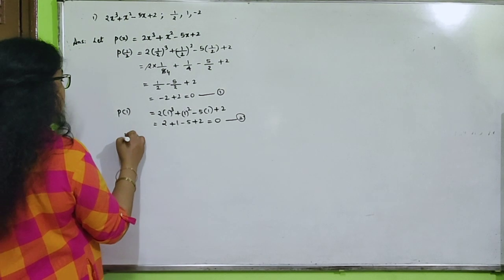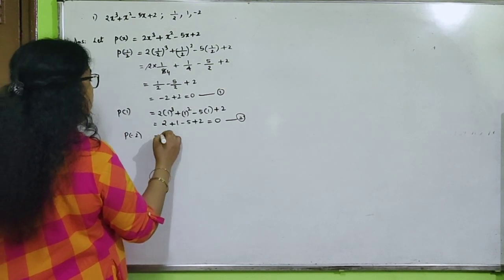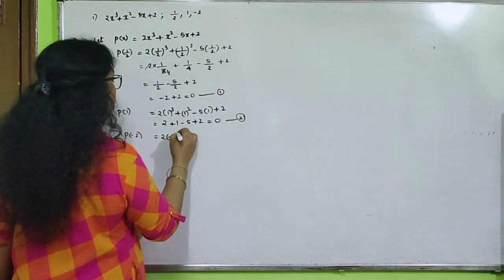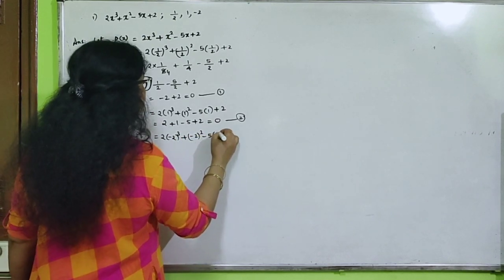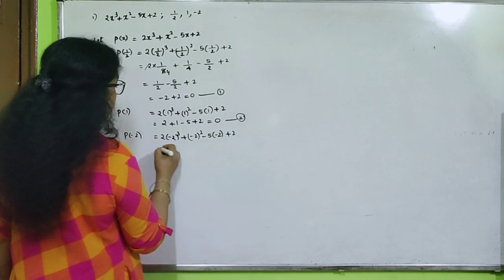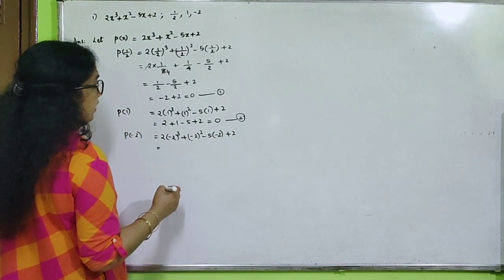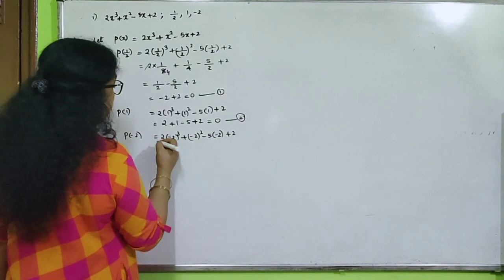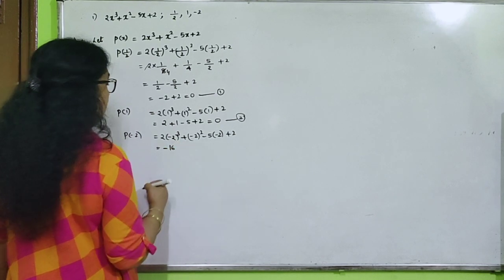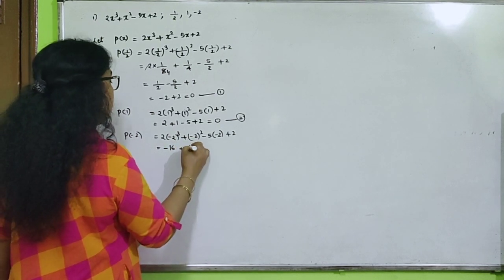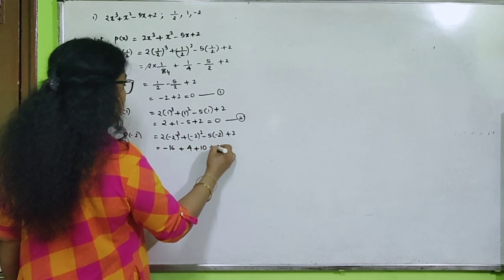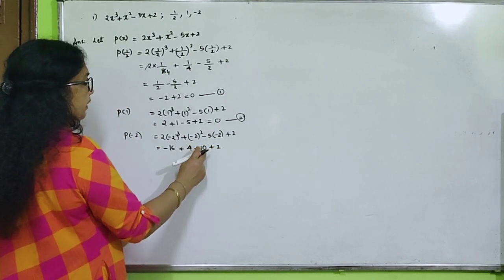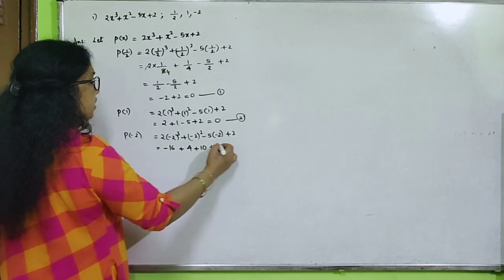Now next, p of minus 2. So 2 into minus 2 whole cube plus minus 2 square minus 5 into minus 2 plus 2. Substitute. Minus 2 cube is minus 8. Minus 8 into 2 is minus 16, plus minus 2 square is positive 4, minus into minus plus 5 twos are 10, plus 2. 4 plus 10 is 14, plus 2 is 16. 16 minus 16 is 0.